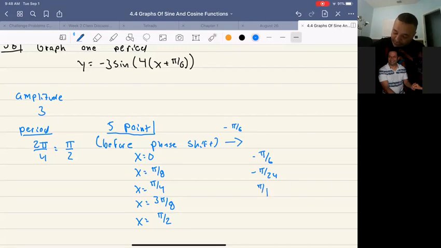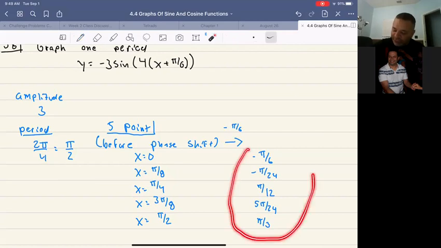So pi over 4 minus pi over 6 is pi over 12. 3 pi over 8 minus pi over 6 is 5 pi over 24. And then finally, pi over 3. Okay, so these are my new 5 x points that I'm going to use.